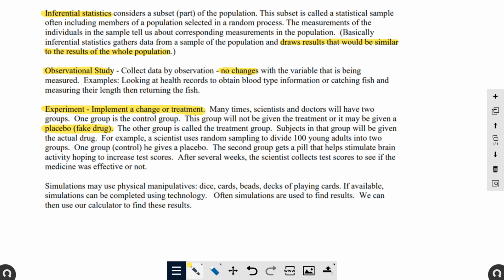The last thing that we have is a simulation. A simulation often uses technology to get results. So the one that I like to talk about with this is those infomercials. You know, you've probably seen those. The one that I loved the best was this glue. So they had a flag flying, and they cut the flag, and then they used a special kind of glue, and they glued the flag back together.